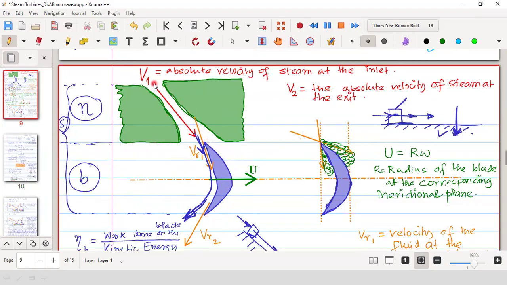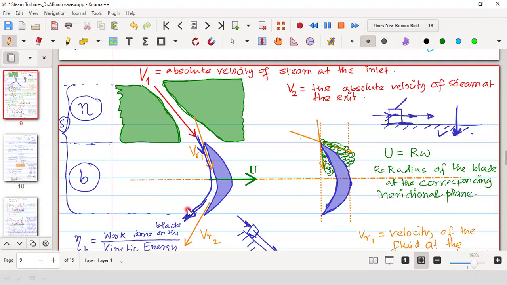And here across the stage, there is some enthalpy drop. That means the fluid was having some intermolecular energy at the entry of the stage, that is enthalpy. So as it leaves the stage, it will leave with some enthalpy. Therefore, there will be a drop of enthalpy across this stage.